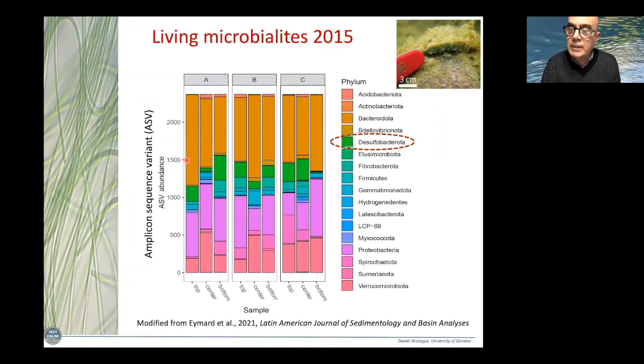Remember that I told you that the uppermost part was formed by cyanobacteria, but there were mostly groups of sulfate-reducing bacteria. I will not go into detail, but I just want to point out that in almost 4 years, there was a major change in the diversity of these microbes.